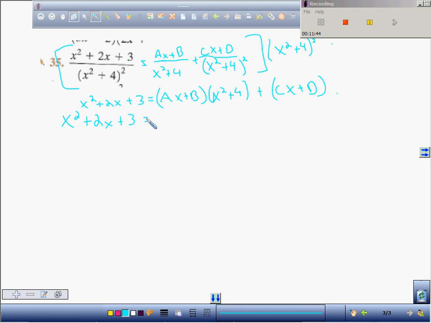If I FOIL this out, I get ax cubed, this times this, plus bx squared, plus 4ax, plus 4b, plus cx plus d. Get that?